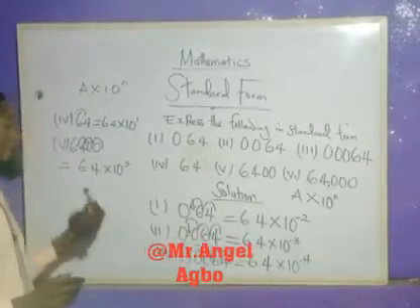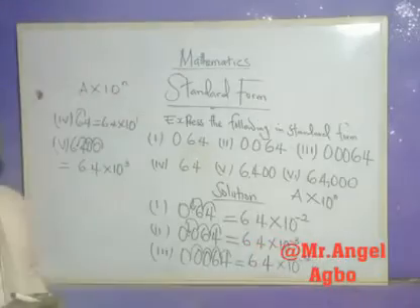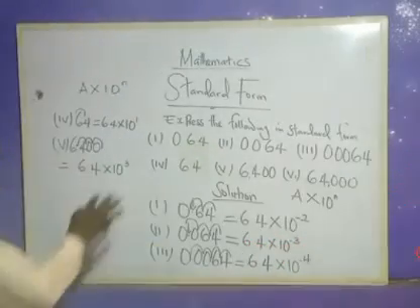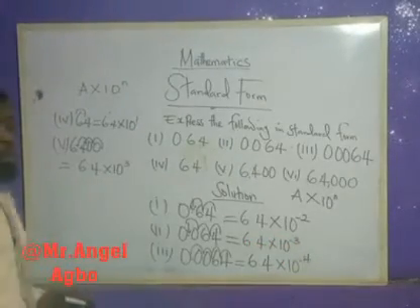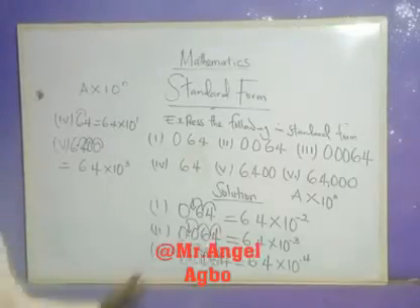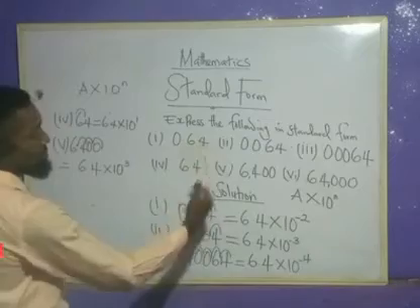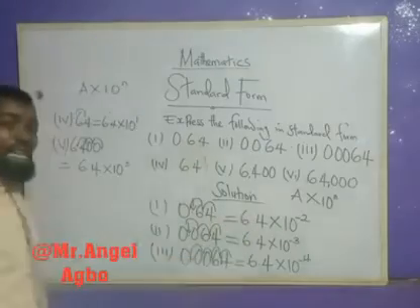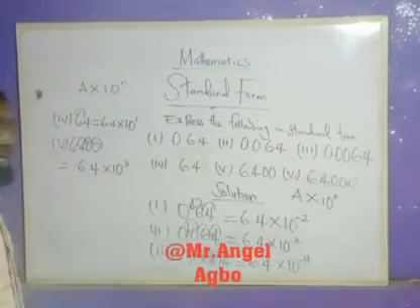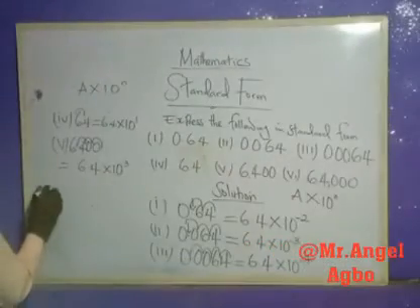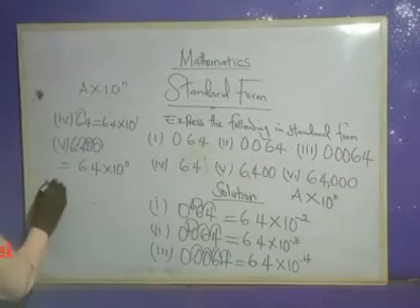And you know, once it is equal to or greater than 1, the integer becomes positive. Once it is less than 1, in terms of 0 point something, the integer becomes negative. Do you understand? Let's move to the last one.